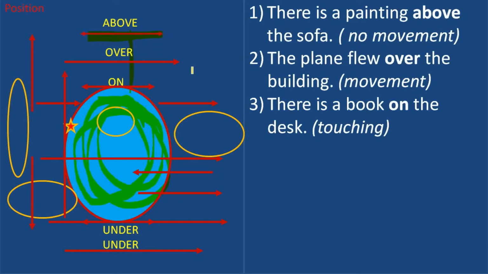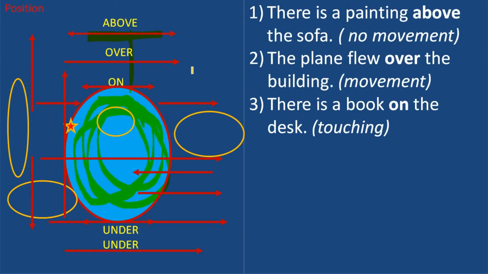Most importantly, we will use above when it will not move. It will be still. Clear? When something stays up above something and it is maintaining some gap and it is still, that time we use above.